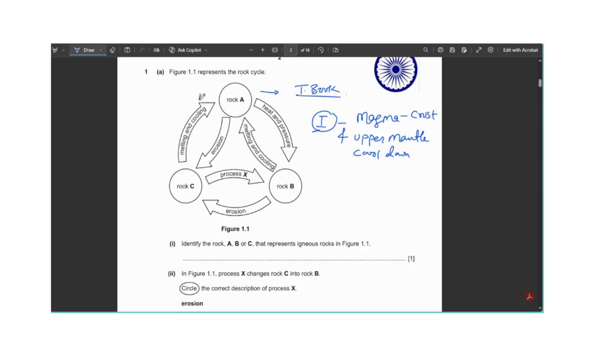Melting and cooling is one of the factors that we see. So when the magma cools down, the rock that is going to form is igneous rock. So the answer for this one is igneous rock. Which one? A. A is the igneous rock.